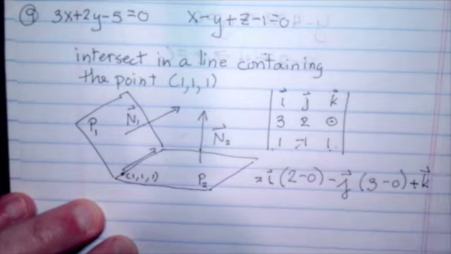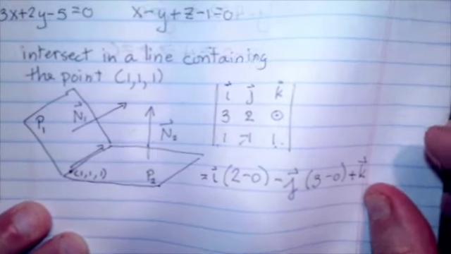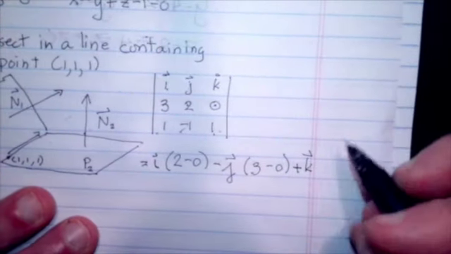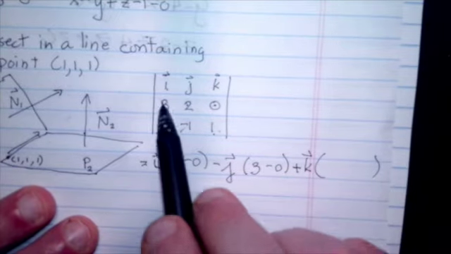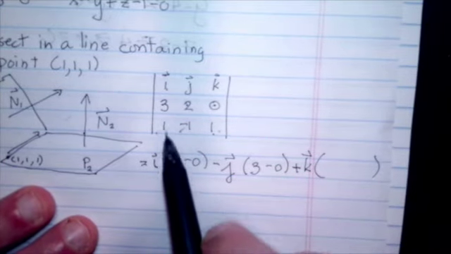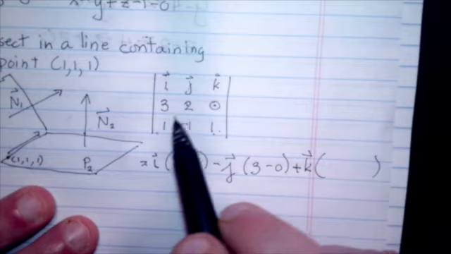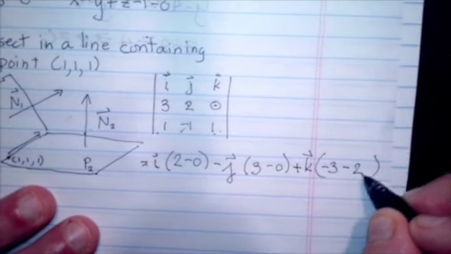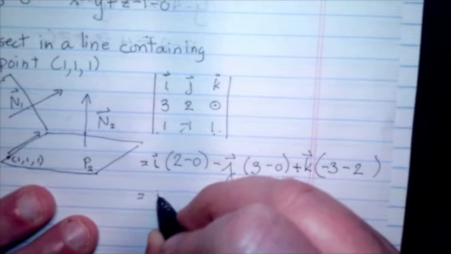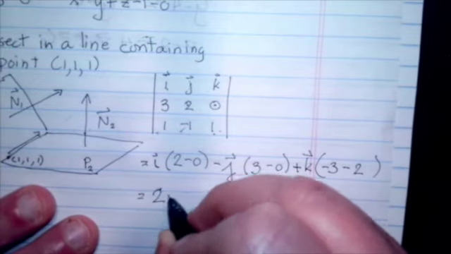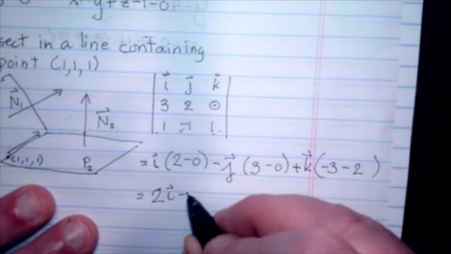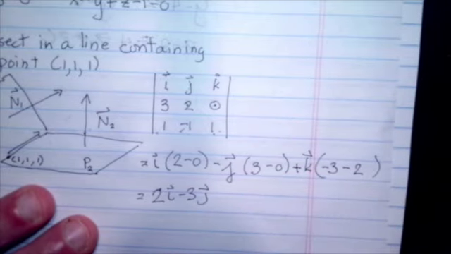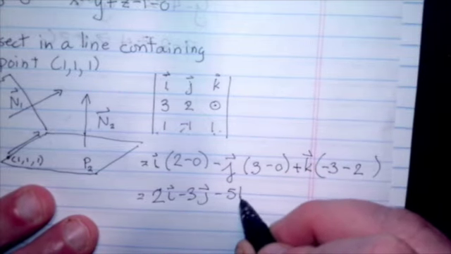And then plus k times this 2 by 2 determinant. And so this can be 3 times -1 minus 2 times 1. So that would be -3 minus 2. So I'm getting the vector 2i minus 3j minus 5k.